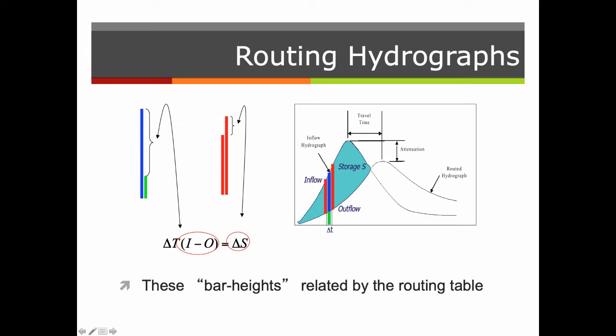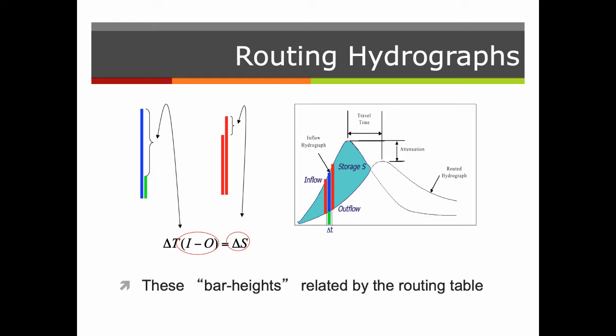The bar heights are related to one another through something called the routing table. And a routing table may very well be a table in a spreadsheet. More commonly, it's certain geometric properties that are supplied to your computer model that keep track of what's coming into and leaving storage. And it goes by the name of a routing table.